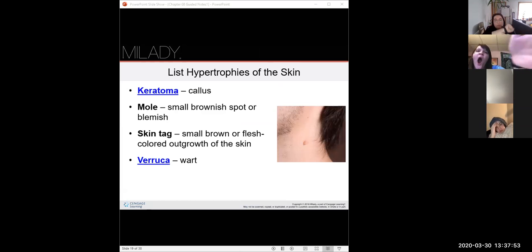I have one, boom, wait, oh my God, wrong arm, mole. It's a small brownish spot on the skin, very easy. Skin tag, small brown or flesh colored outgrowth of the skin, typically very small, and they most commonly occur on the neck right here. So if you're cutting someone's hair and they tilt down, you might see one. They're totally harmless. And a verruca is the fancy term for a wart. So there's that.